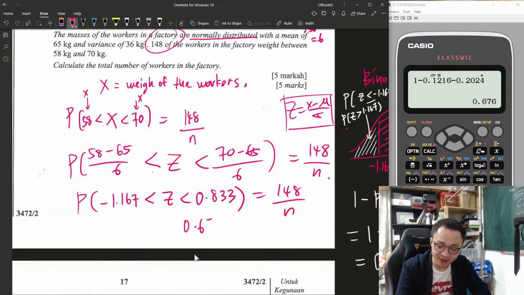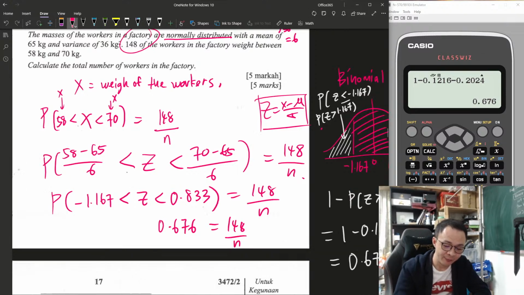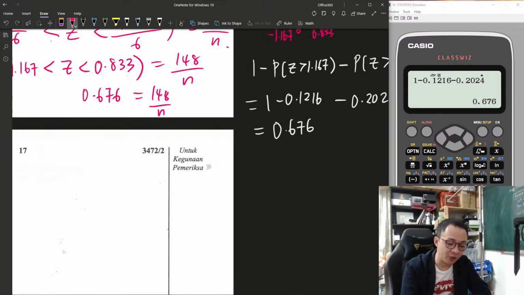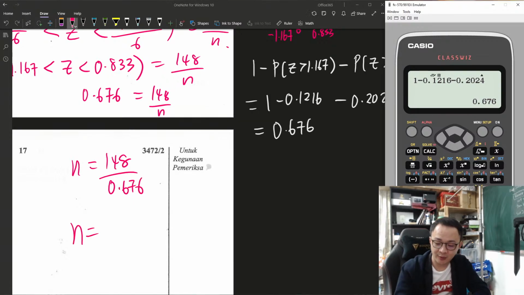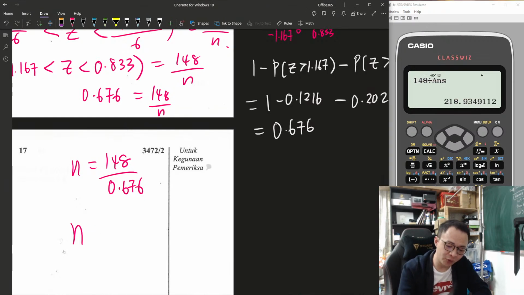So 0.676 equals 148 divided by n. Then how to find n? n equals 148 divided by 0.676. So we have close to 219 people.